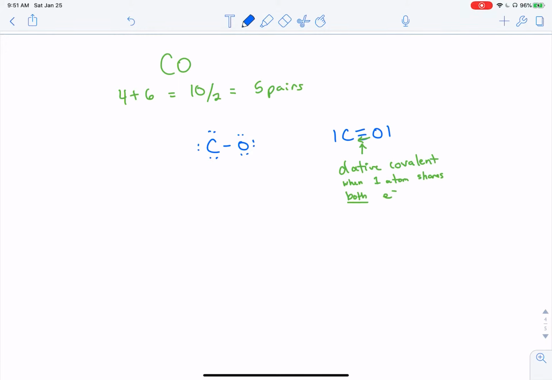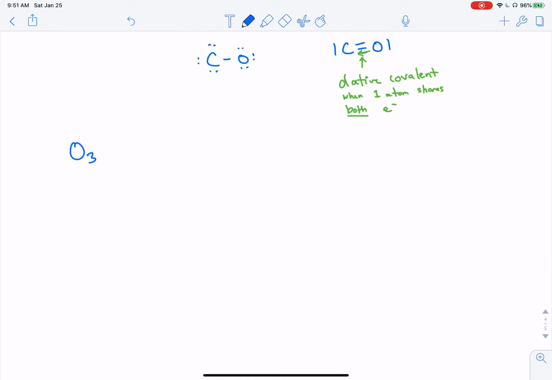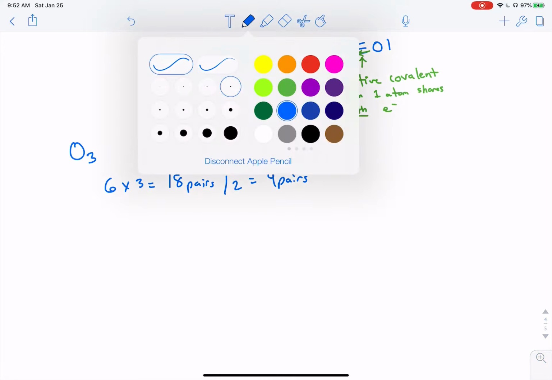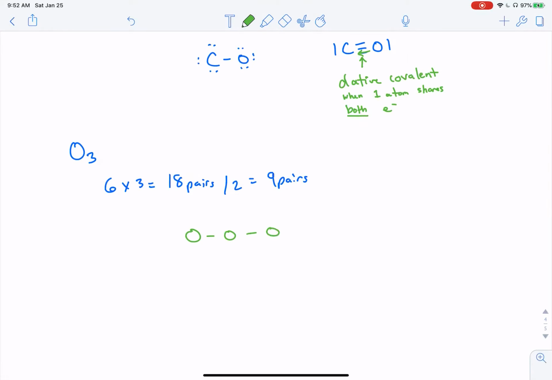The second thing is ozone. Okay. O3. If you do the math for O3, it's 9 pairs. But if you draw out O3 in its actual test structure, how many pairs are there? 10.